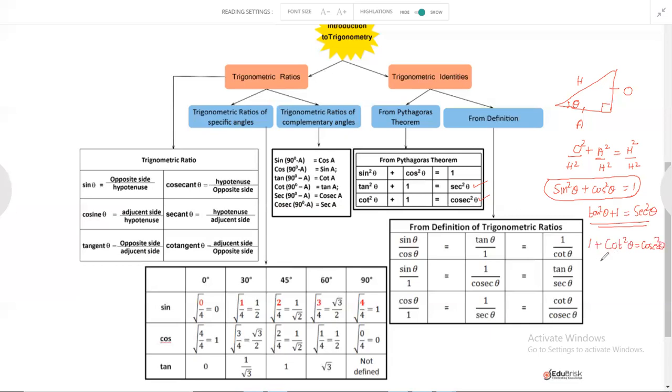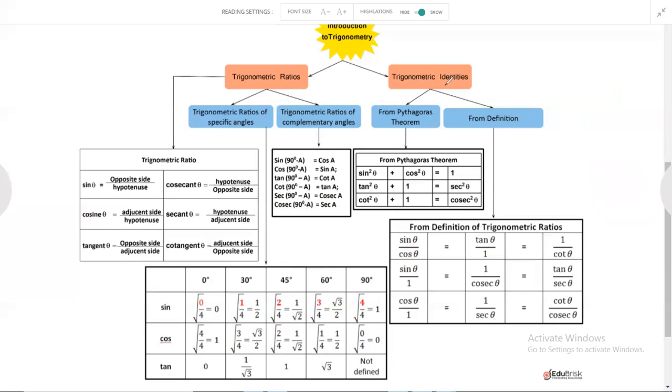So this is the third identity. So easily we got the three identities: sine square theta plus cos square theta is equal to 1, tan square theta plus 1 is equal to sec square theta, and 1 plus cot square theta is equal to cosec square theta. So these are the main subtopics or subsections in this particular chapter.